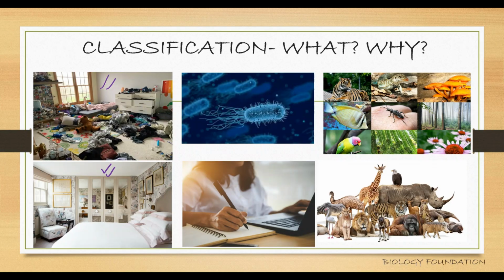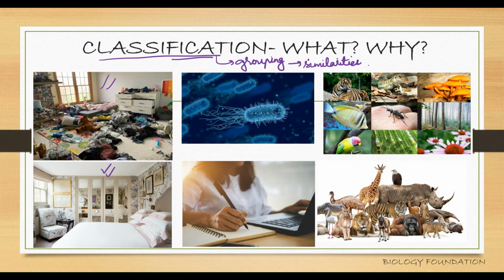In the same way, when I say classification, what does classification mean? It means those organisms which share similarities are all kept in one group. So, classification is basically grouping organisms based on their similarities and dissimilarities. Okay, not all organisms share the same properties or same features, right?